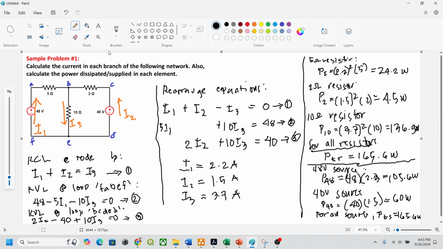This needs to be highlighted right here and here. This is not a coincidence. It is an indication that we are doing our calculation right.